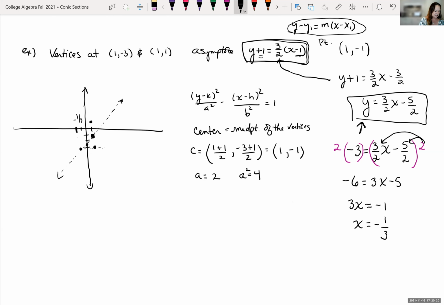So I want to find that distance, because that distance in here from positive 1, our x value, to that negative 1/3, that is the b value. So let's look at absolute value, 1 minus a negative 1/3.